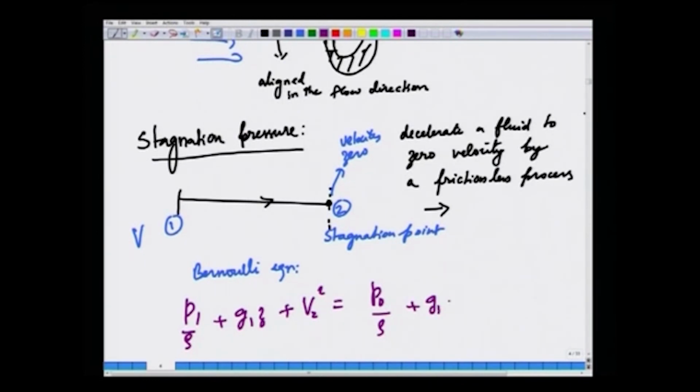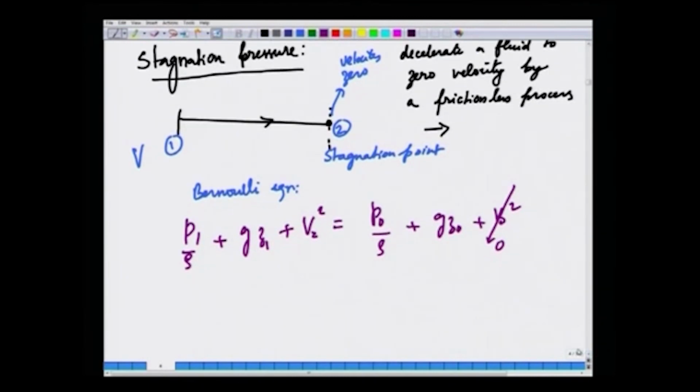The Bernoulli equation gives P1/rho + g Z1 + V^2/2 = P0/rho + g Z0 + 0, because the fluid is static there, it has gone to zero velocity.